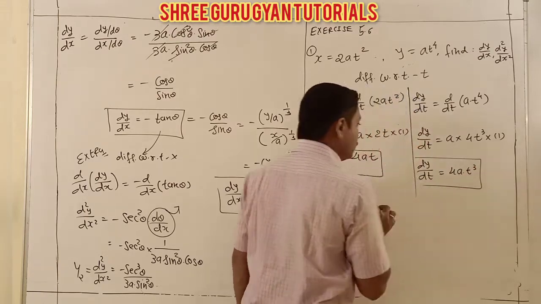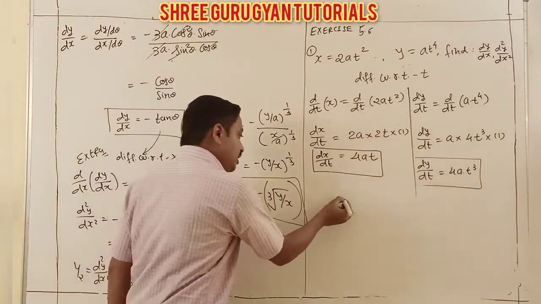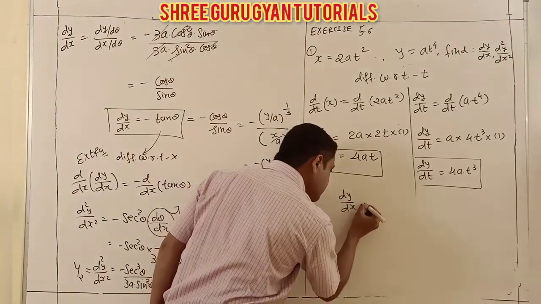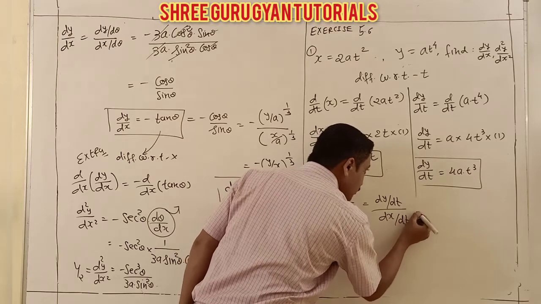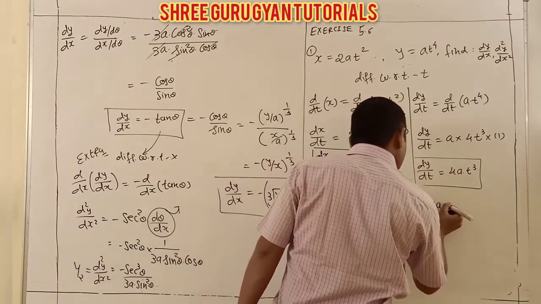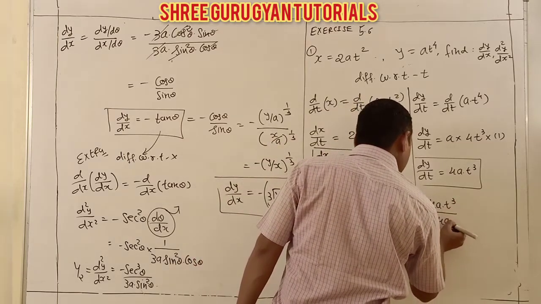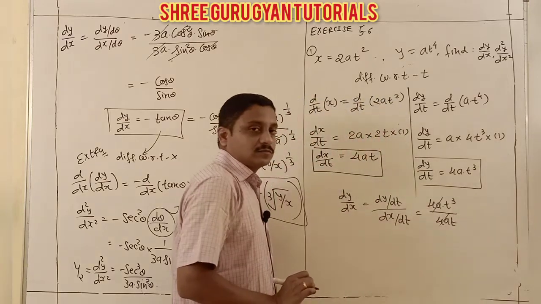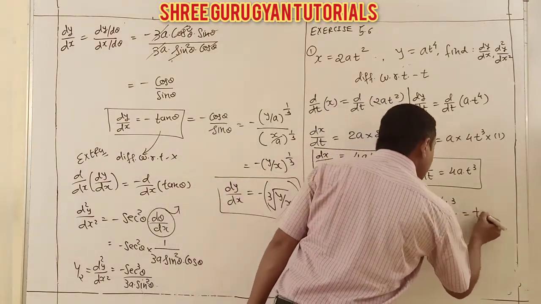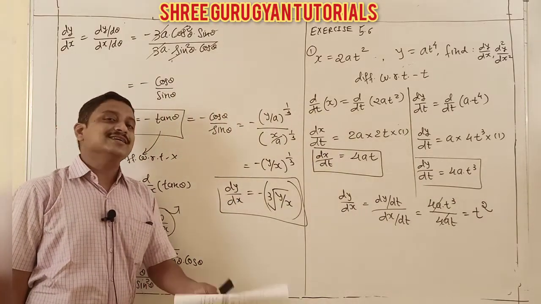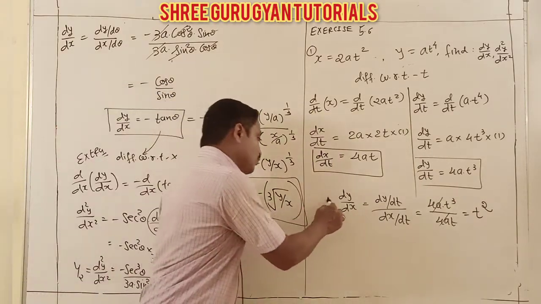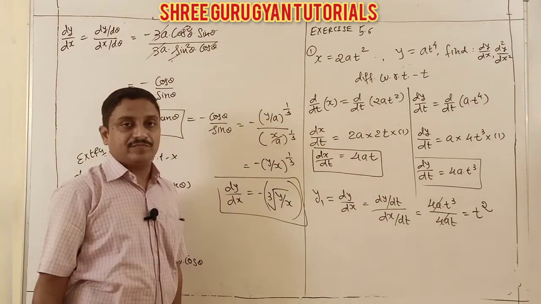And both of them joining in the part of dy by dx, dy by dt upon dx by dt. It is 4at cube upon 4at. This cancels. You are getting only t square. And here our one part is done, up to first derivative fixed.